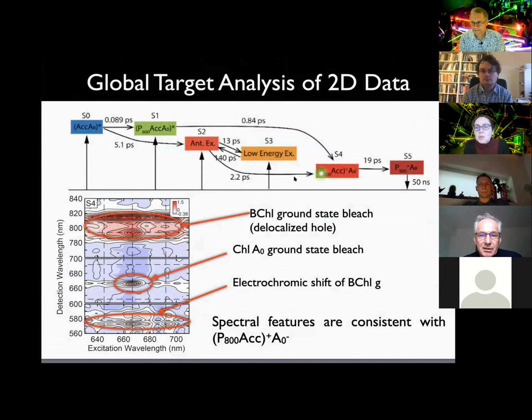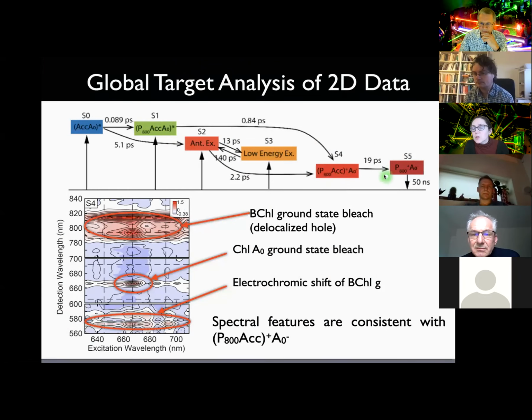All right. So actually, what we do see is this intermediate charge separated state that seems to form quite rapidly, but there is still a slower process as well to this final charge separated state. Okay.